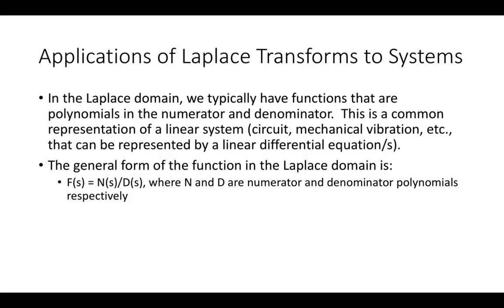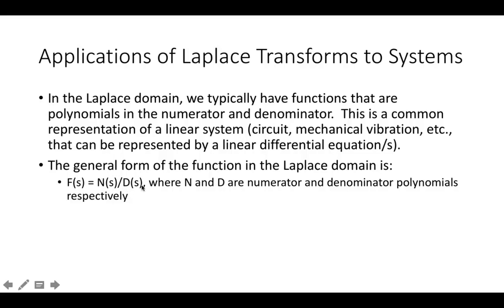In that case, as a general rule, we'll tend to have a form of the function that describes the system in the Laplace domain that looks like some ratio of polynomials. So it's a rational function where N is a polynomial and D is a polynomial. N of s is the polynomial in the numerator.